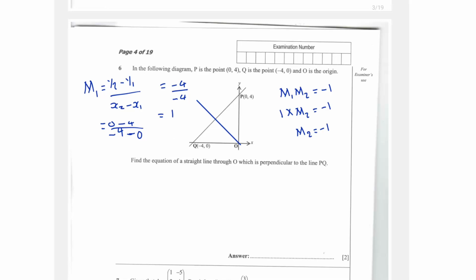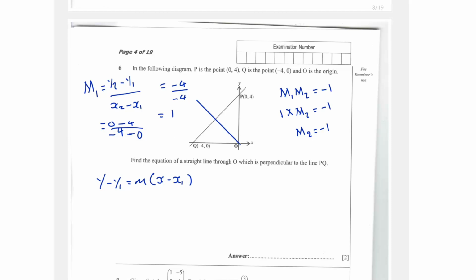Now, let's apply the point form, where you have y minus y1 equals m times x minus x1. Now, when you look at here, the point that lies on this line that we want to find is 0, 0 here.